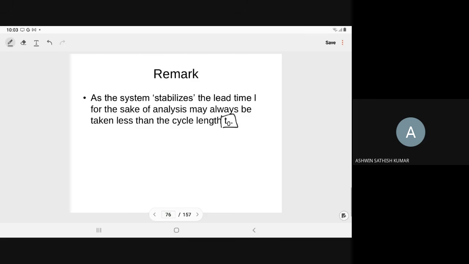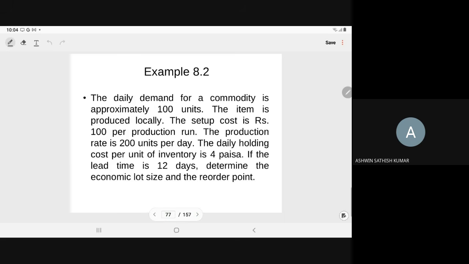So when we have a stable system, at that time we assume lead time must be less than T naught. In practice it may not be, but for the analysis we have to assume lead time must be less than T naught.